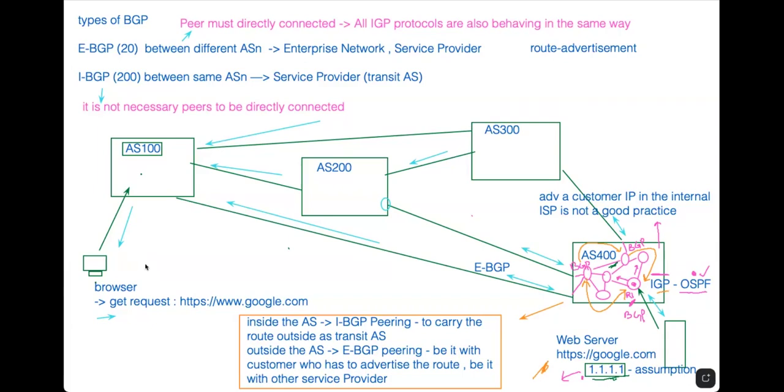So that's a very important thing that we get to know, how exactly we need to do it. Now here, there is another parameter also. What is that parameter? The other parameter is loop avoidance.